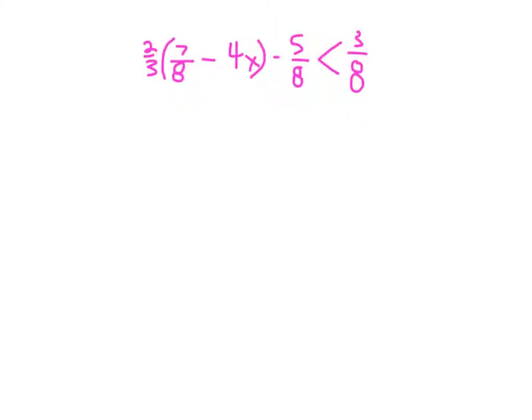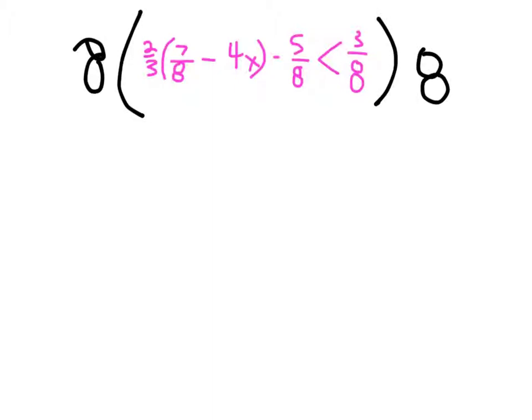The first step in solving this inequality would be to clear the fractions. You could either first clear the fractions 2/3 or 7/8. We're going to go with 7/8. In order to do this, we'd multiply the whole thing by 8, but we'd only distribute to 7/8, 4x, and 5/8.